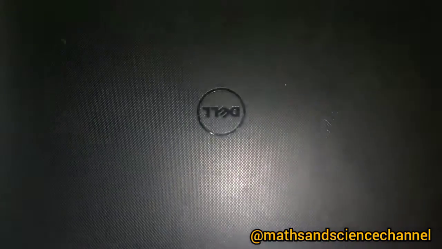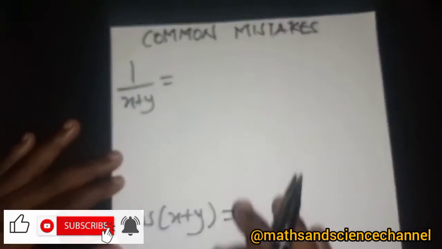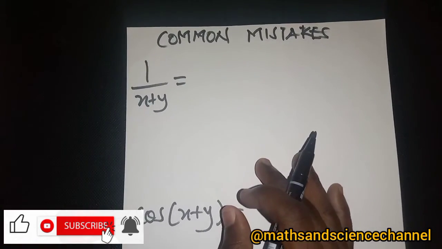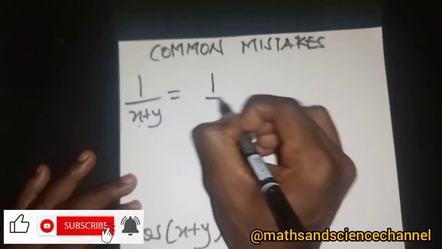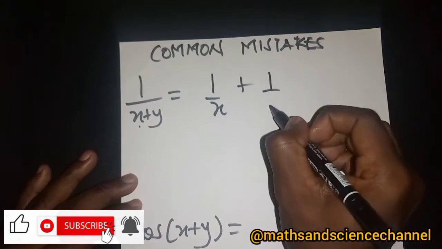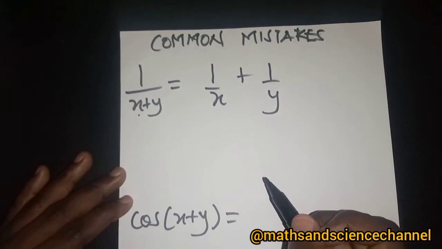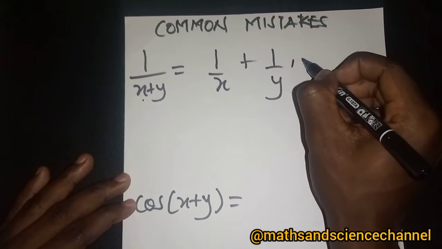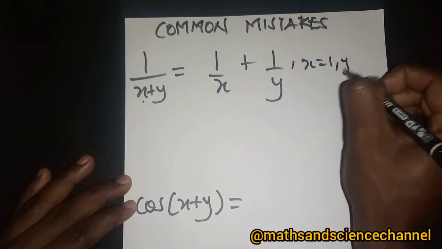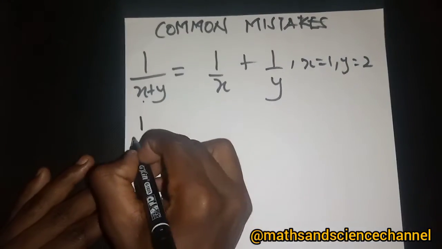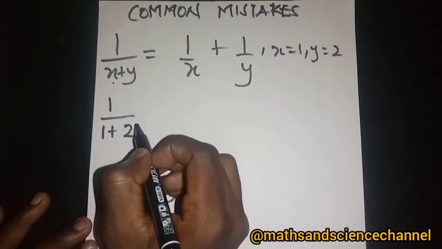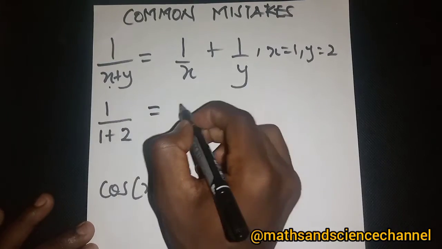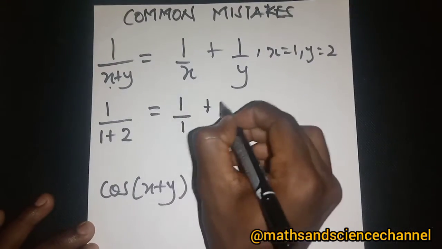Okay, so let's look at the expansion of this here. In expanding this, we just take 1 over x plus 1 over y, right? So over here, if x is 1, then y equal to 2, we have 1 over (1 + 2) being equal to 1 over 1 plus 1 over 2.